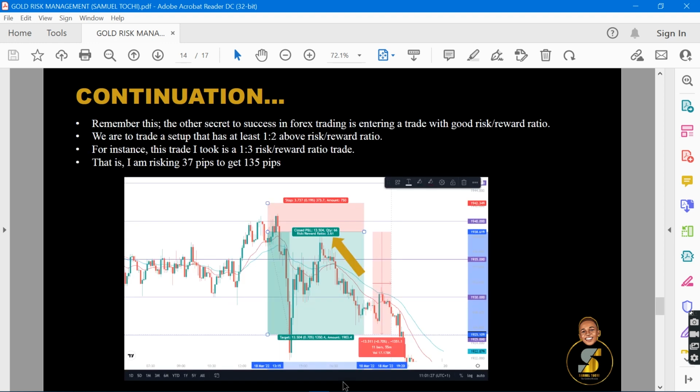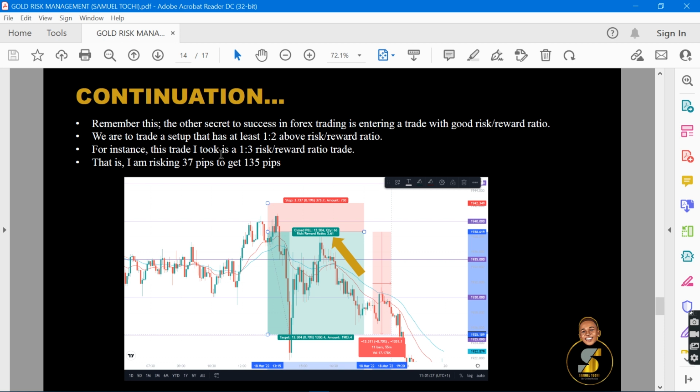Okay. So now remember this: the other secret to success in forex trading is entering a trade with good risk to reward ratio. So we are to trade a setup that has at least 1:2 or above risk to reward ratio. For instance, this trade I took is a 1:3 risk reward ratio trade. So that is, I'm risking 37 pips to get 135 pips.